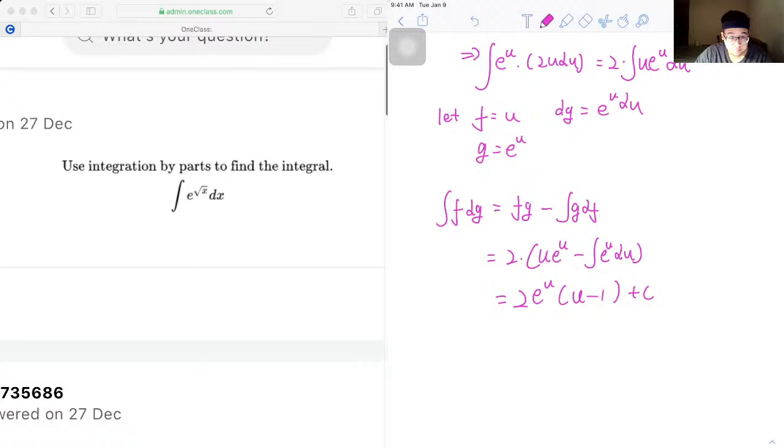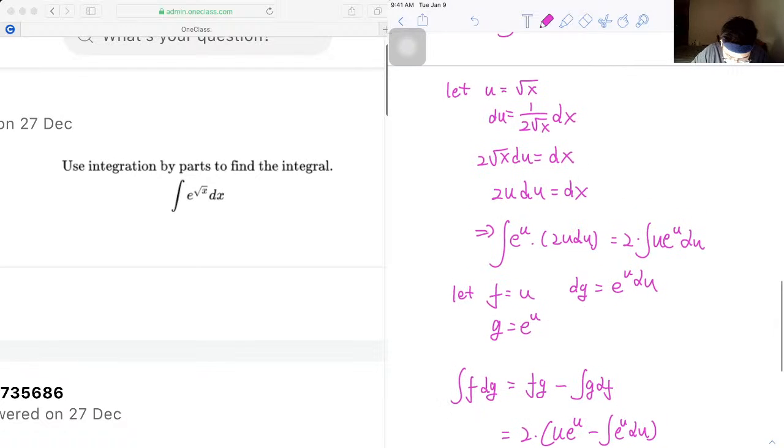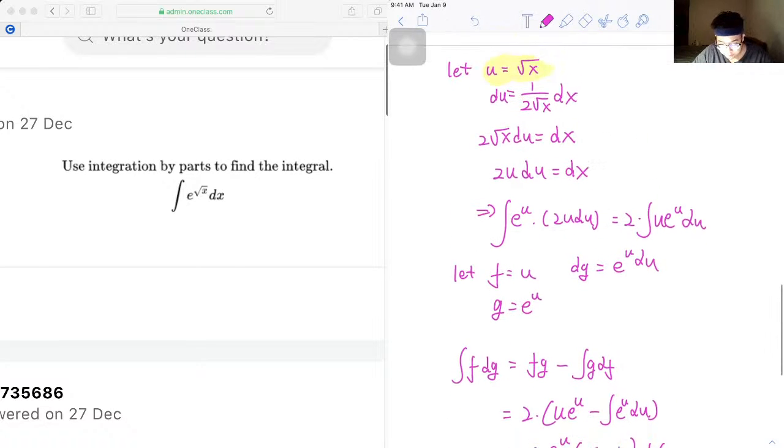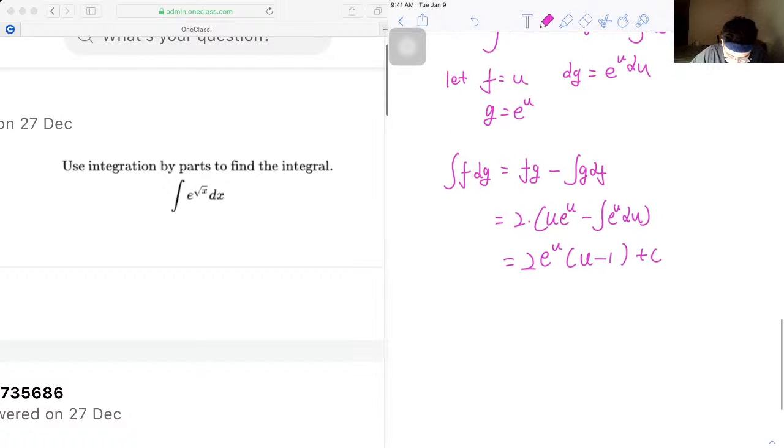Since we let u be equal to root x, now we need to substitute back. So we will have 2e to the root x times (root x minus 1) plus c.